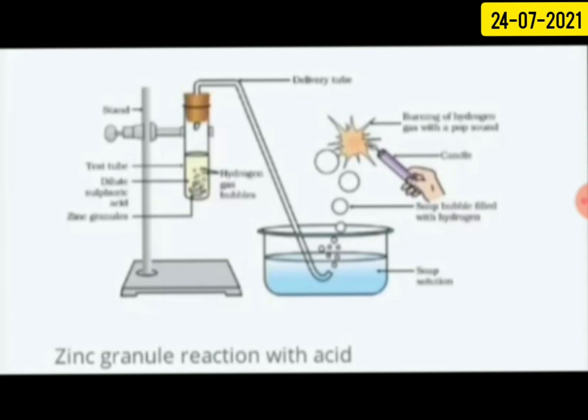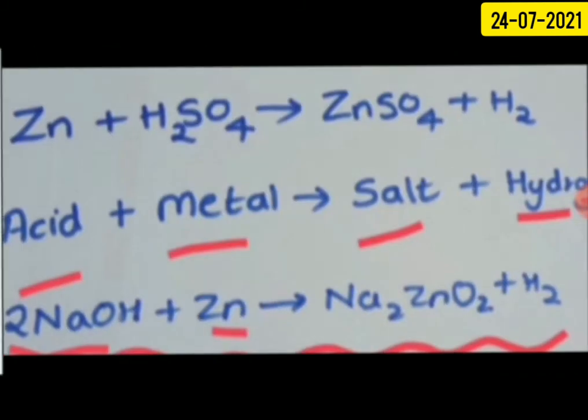So, when an acid and metal combine, hydrogen gas comes out. Here the reaction is zinc plus H2SO4 gives ZnSO4 plus H2.